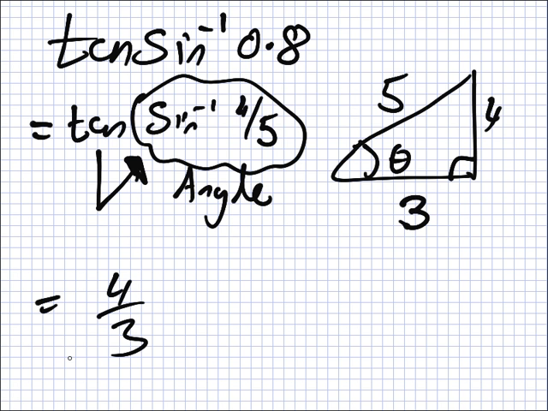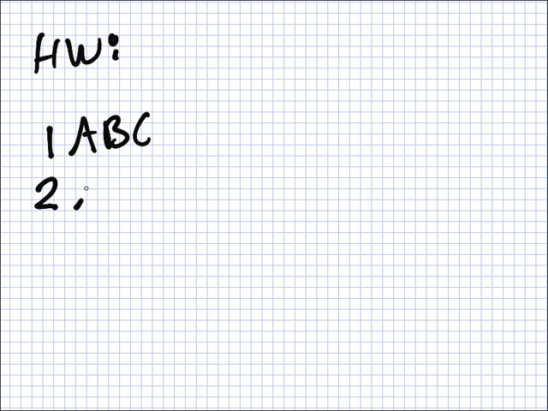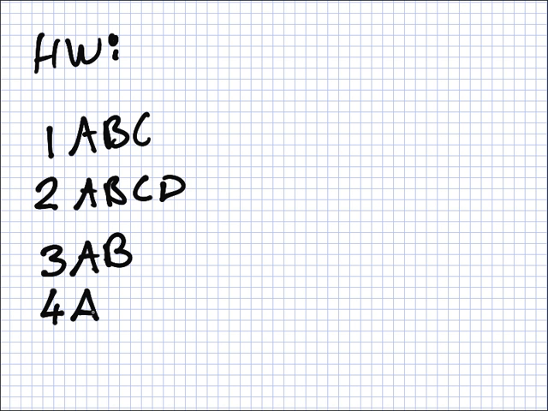Can I scroll down? Okay. Homework, which you can start: 1 A, B, C, 2 A, B, C, D, 3 A, B, 4 A, B, C, D, 5 H, I. They're very quick to do.